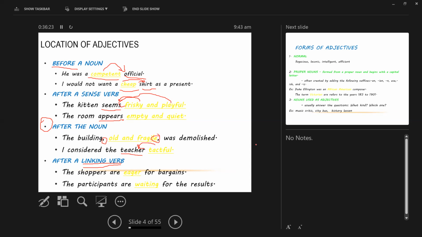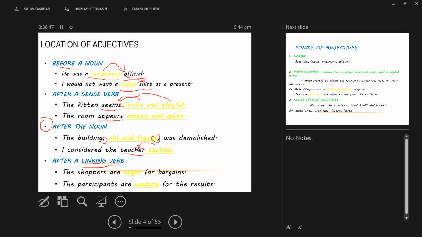Super lamig. Okay, yeah. So, as you can see, the second example is the participants are waiting for the results. The linking verbs here that are used are, both are, okay? So the participants are waiting for the results.